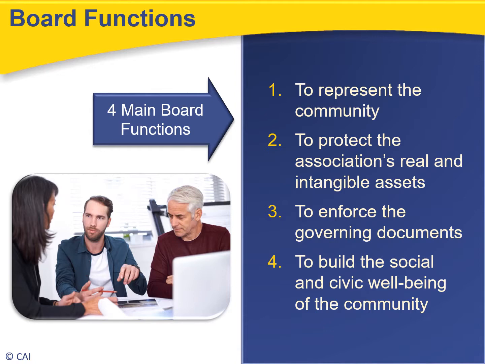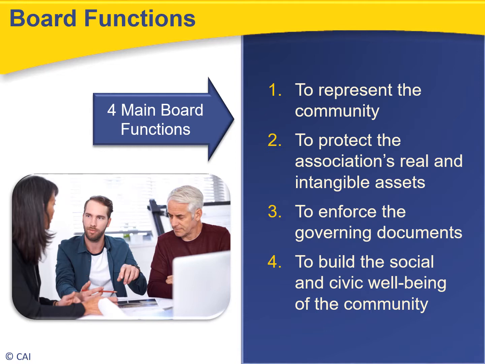Community associations are unique entities, and so are their boards. If surveyed, the more than 328,000 boards currently in existence in the United States would proffer a wide range of goals and strategies to achieve their goals. All associations, however, have 4 main functions in common. 1, to represent the community association, both as a business and a community. 2, to protect the association's real assets, as well as intangible assets, such as reputation and quality of life.